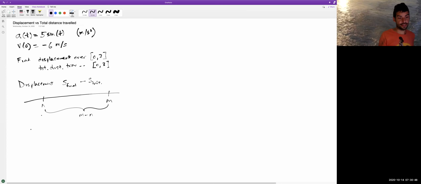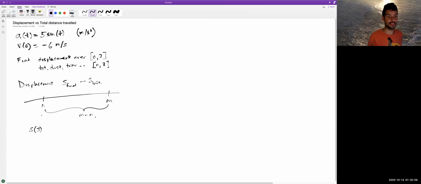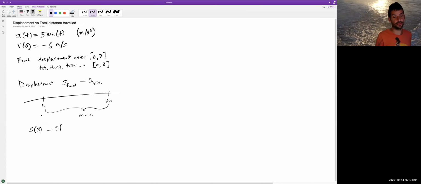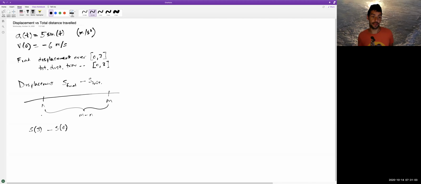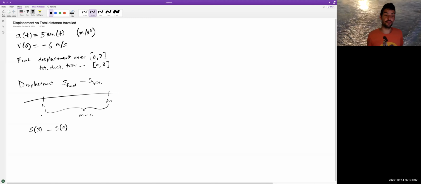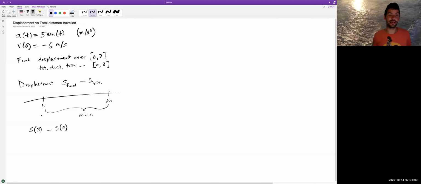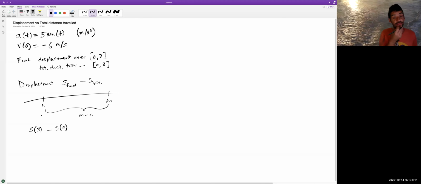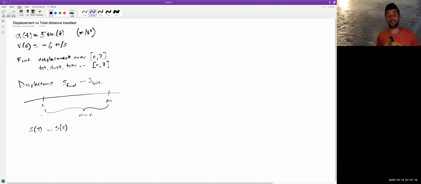Well, in this case, I'm using S to be my position. This would be its final position at t equals 3 seconds minus where it was in the beginning, right? So we need its position function, or at least something closely related to it. And if you think position at 3 minus position at 0, this should remind you of something.